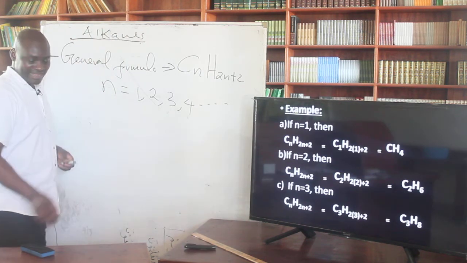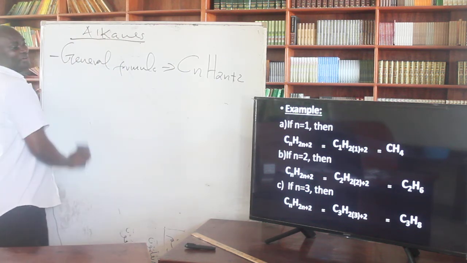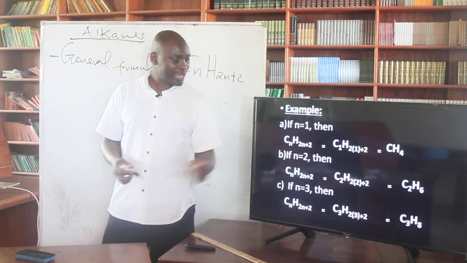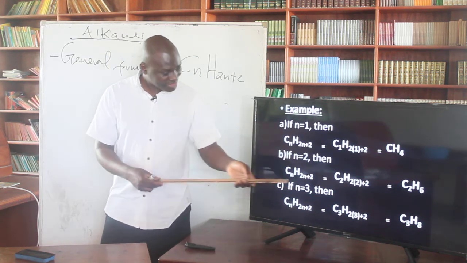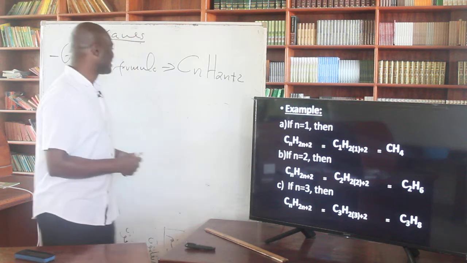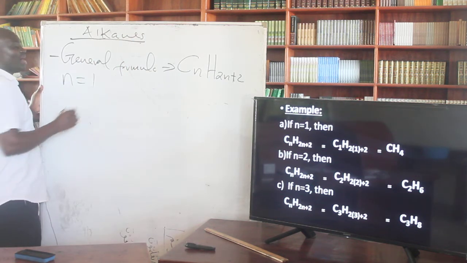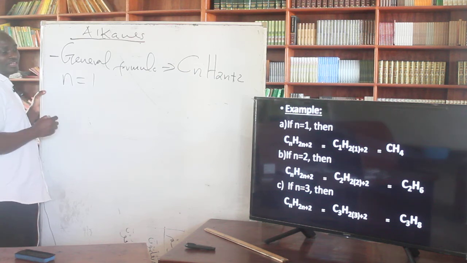So if n represents the number of carbon atoms, let us take examples where n is equal to 1, n is equal to 2, n is equal to 3. What about if we have an alkane where n is equal to 1, meaning there is only one carbon atom?